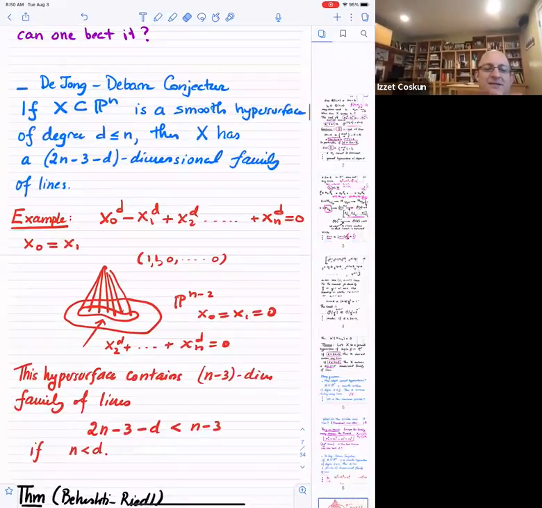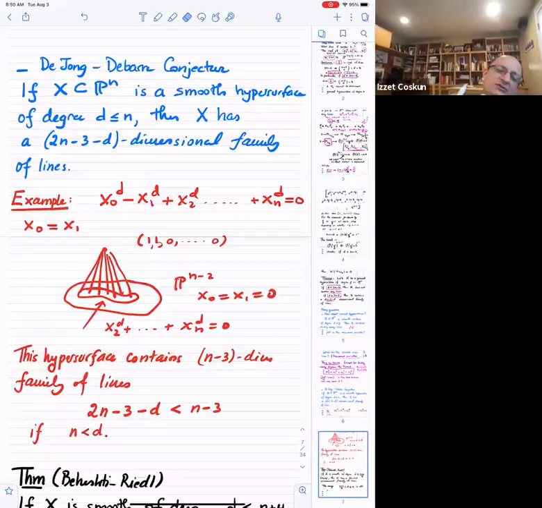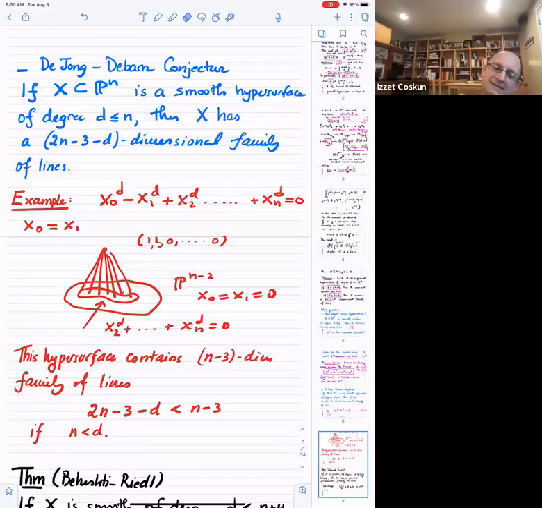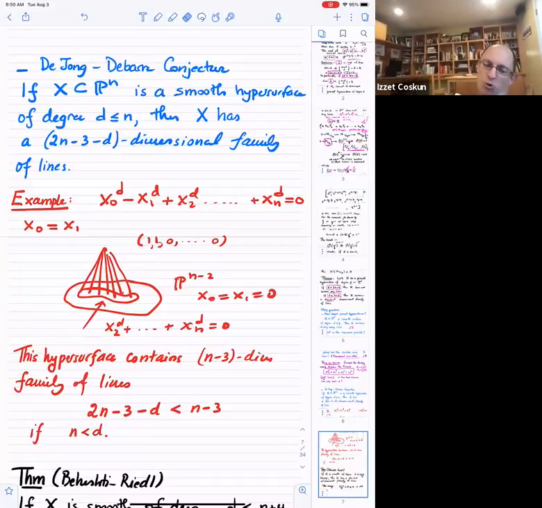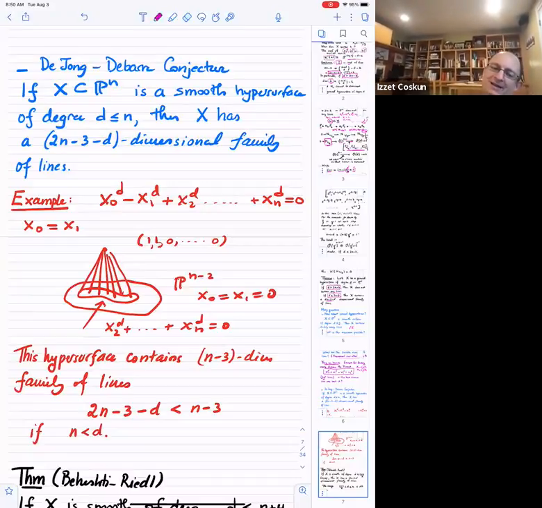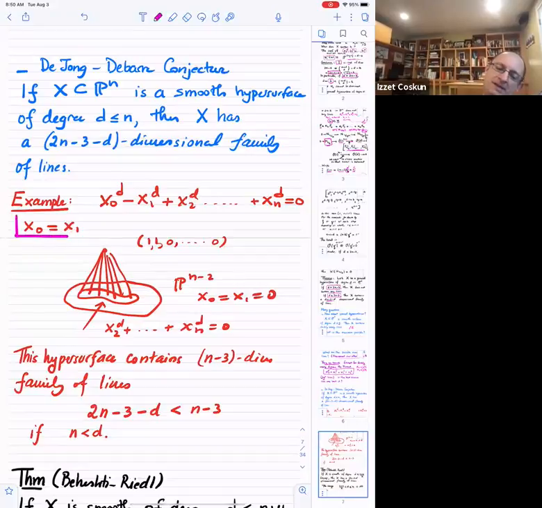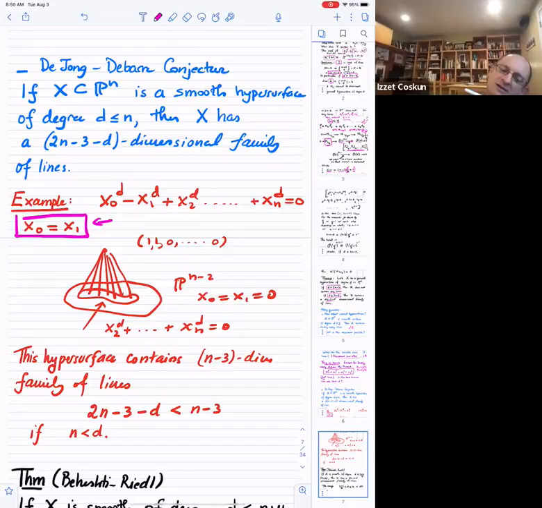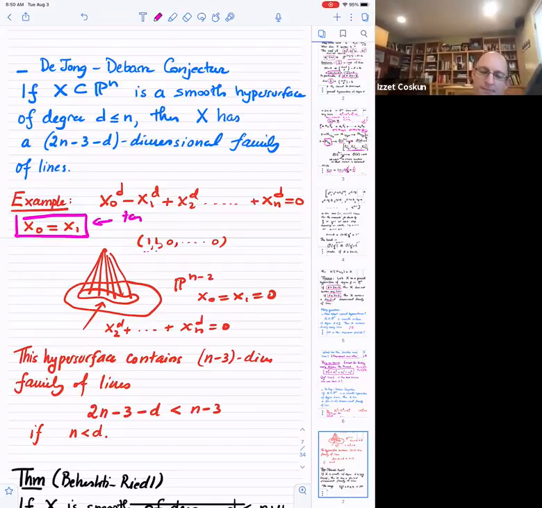Again, let me take the Fermat, or really what you should take is a hypersurface that has a hyperplane section which is a cone. So look at your Fermat like this, right? If I look at the hyperplane section, x0 equals x1, this is the tangent hyperplane at the point 1, 1, 0, 0, 0. Then that hyperplane intersects this hypersurface in a cone.